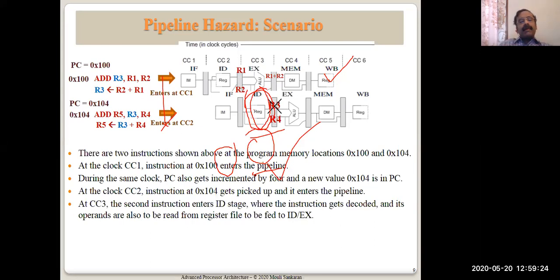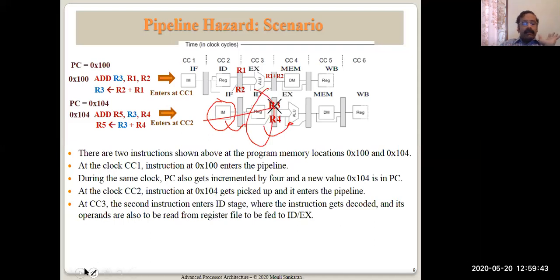So you cannot keep accessing instructions if the pipeline is stalled. You have to stop accessing the instruction memory, because there is no place to hold it, because instruction fetch cannot take the new instruction until this is moved. This cannot move until this is moved out. If it is blocked here, nothing can happen beyond. I hope this is clear to you.